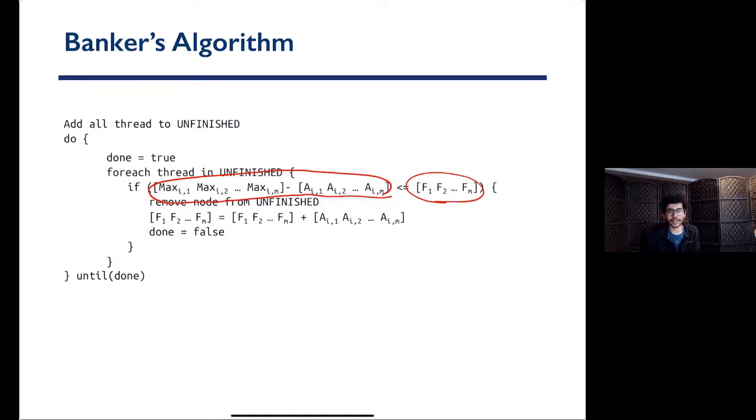So this assumes that simultaneously everybody is going to ask for their max. And if they already have A allocations, now this is how much extra resources they might want.